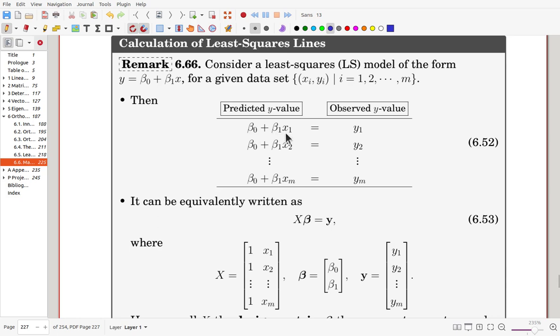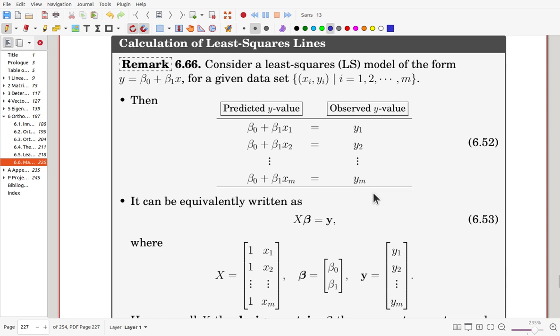So the value will be on the line. Now, this is the observed y value given in the data set. So it's not the same, but we write it in this way. And for the second point, we have this equation and so on, so that for the last point, we have that equation.